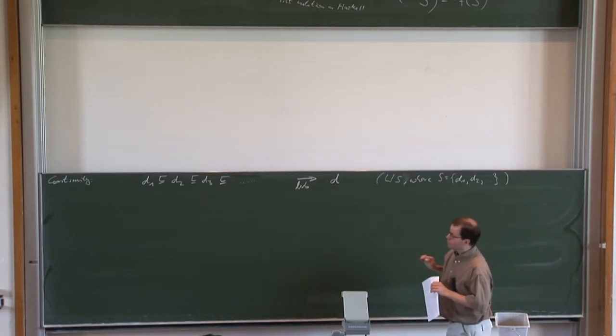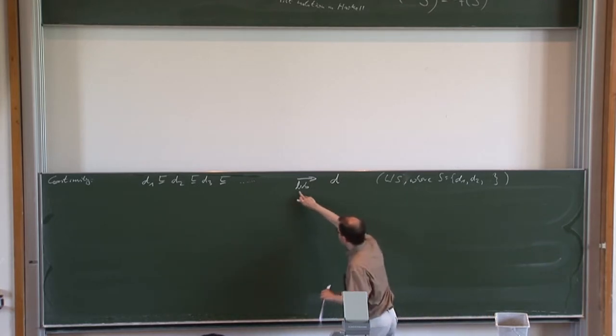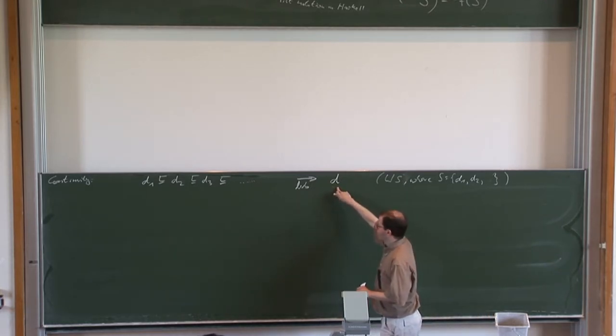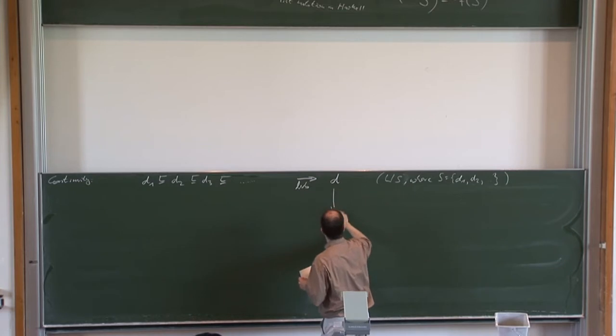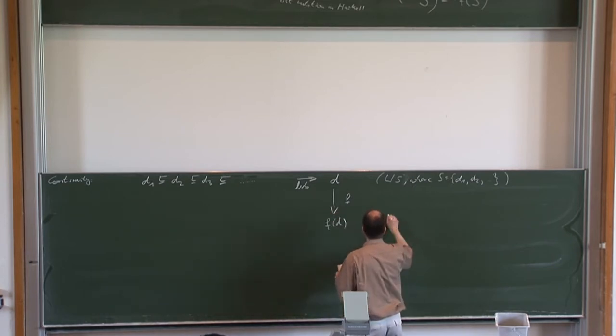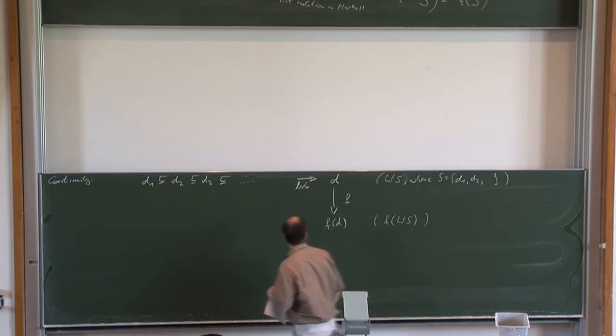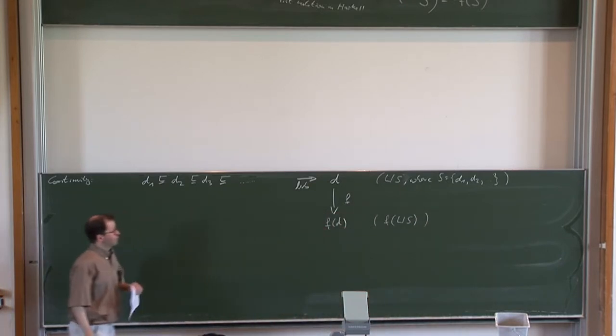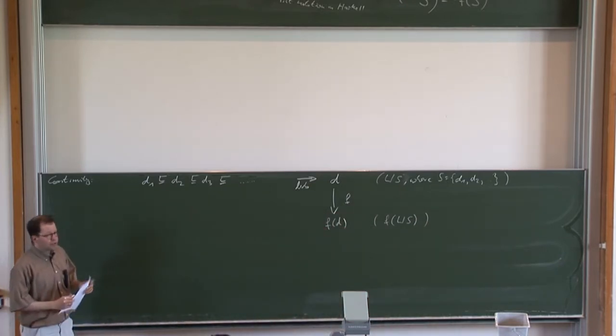Now, if F is continuous, then it doesn't matter whether you first build this least upper bound and then apply F. If you here apply F, you get F of D. Or in other words, this is F of the least upper bound of S. Now, this is the one direction.